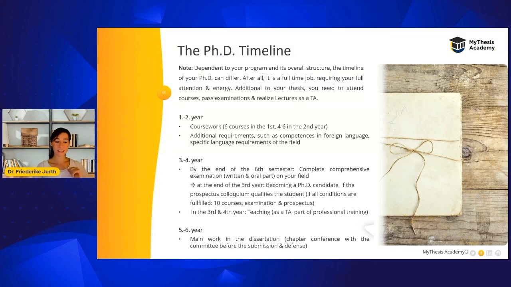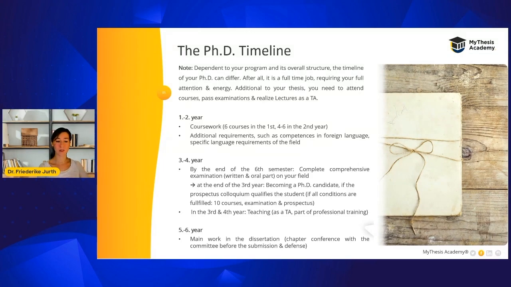In the 3rd and the 4th year, you will also give some lectures. So as a kind of qualification and also as a professional training, because this is what you will do after your PhD. You will basically spend time teaching at university in the function of a professor.